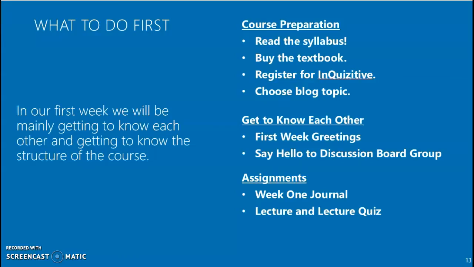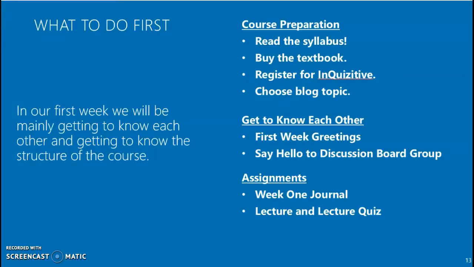All right, so that brings us to our first week of class and what to do first. In our first week, we're really mainly getting to know each other and getting to know the structure of the course. So these are the things that you need to do this week. First is our items related to course preparation.